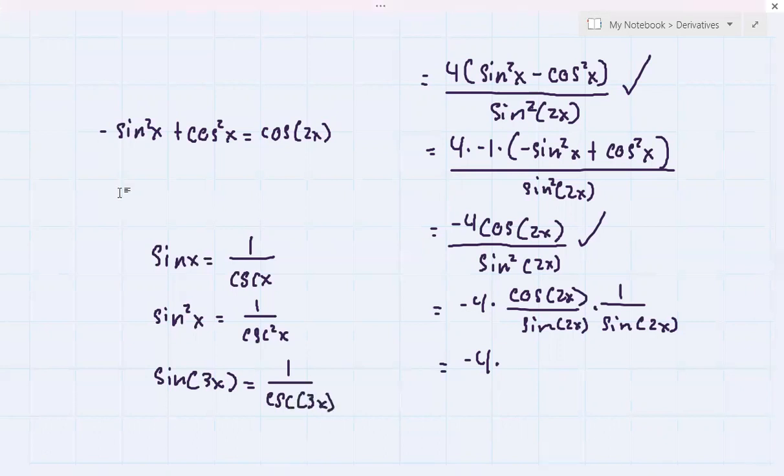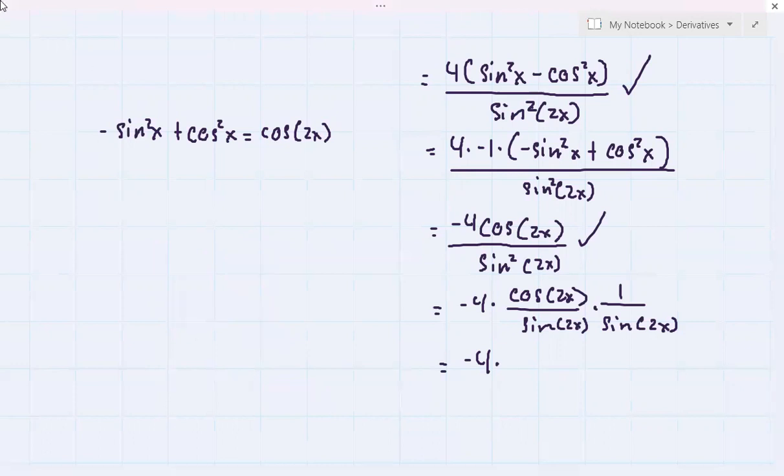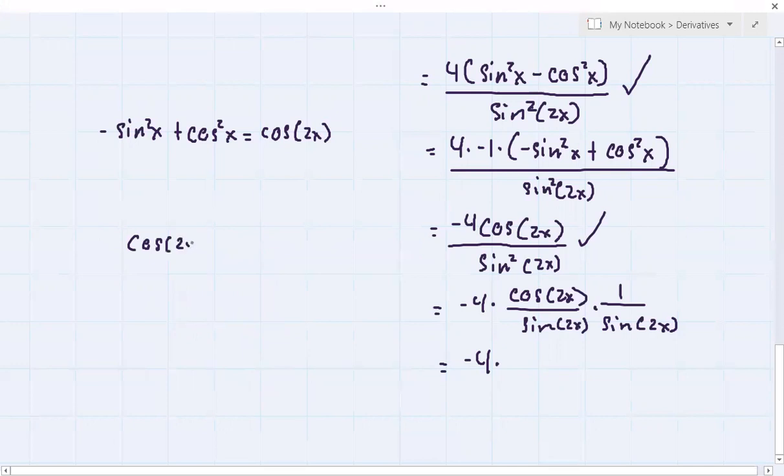Therefore, kapag meron tayong cosine of 2x all over sine of 2x, we can simply rewrite this as cotangent of 2x. So, magiging cotangent of 2x.